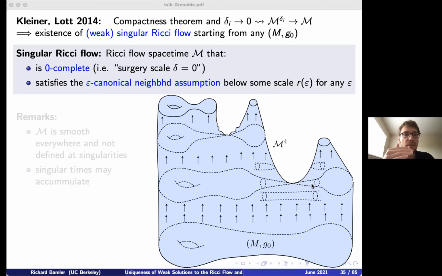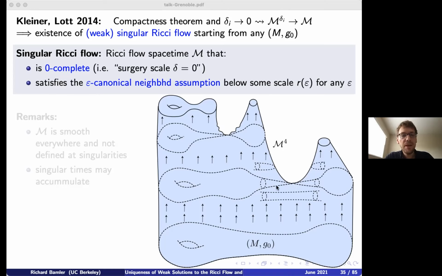So now if we combine these two conditions, zero completeness and epsilon canonical neighborhood assumption, well, then this basically tells us that the only way we can get to the singular point is by following curves where the curvature goes to infinity. But then at some point, the canonical neighborhood assumption kicks in. So if we want to reach this singular point here, for example, or this virtual singular point, then at some point near this singular point, we have to satisfy the epsilon canonical neighborhood assumption.